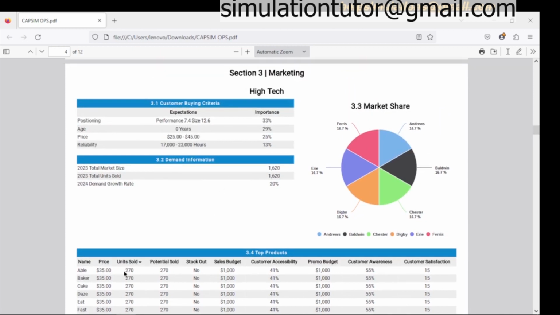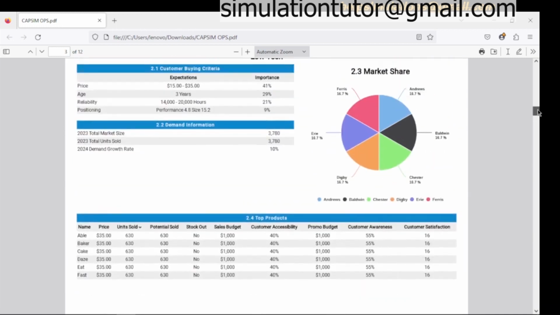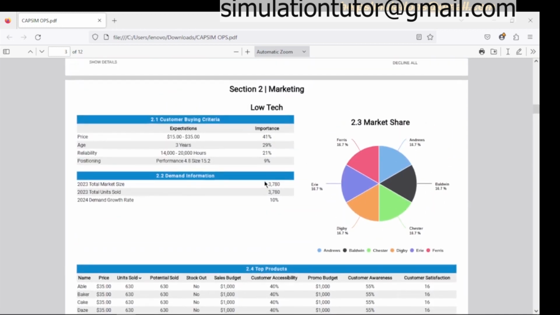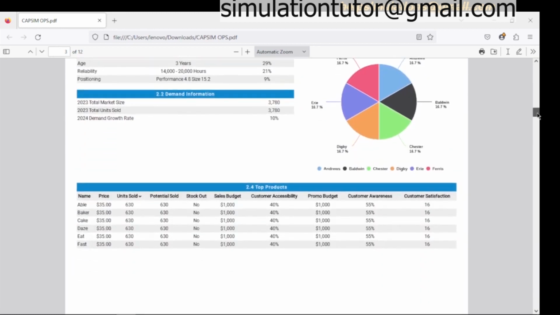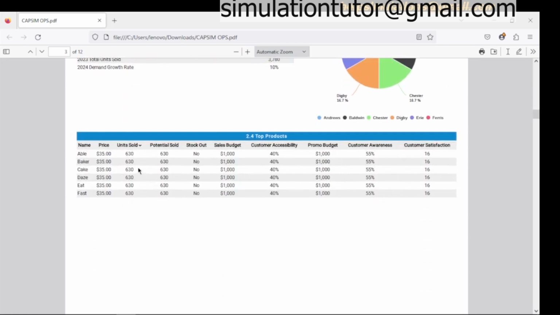But remember, the growth rate for this market is about 20%. The market grows by 20% every year. In the low tech, the demand growth rate is about 10%, and for round zero we sold almost 630 units.